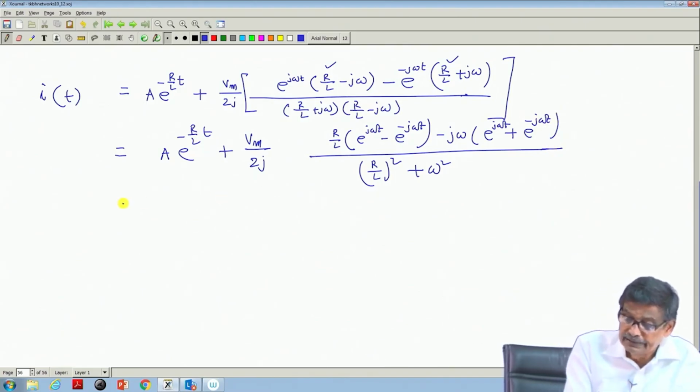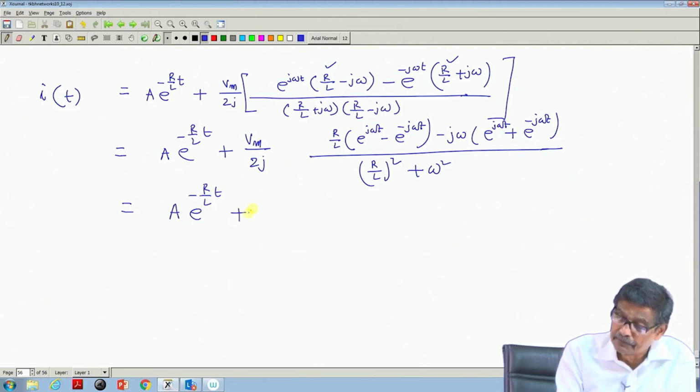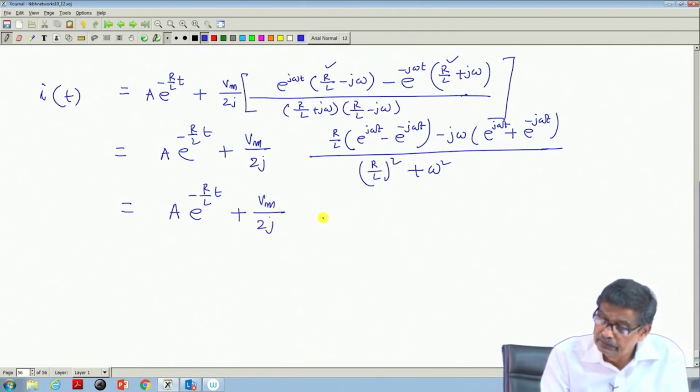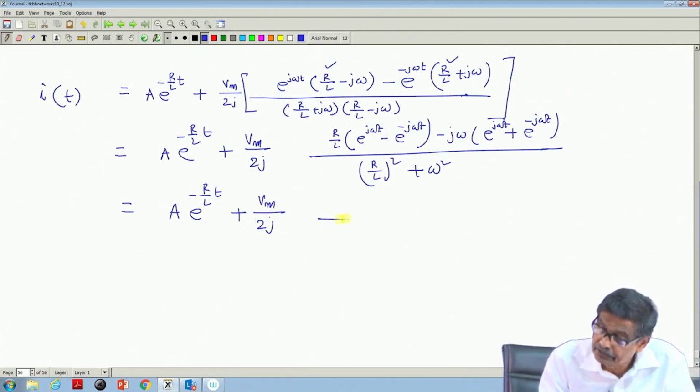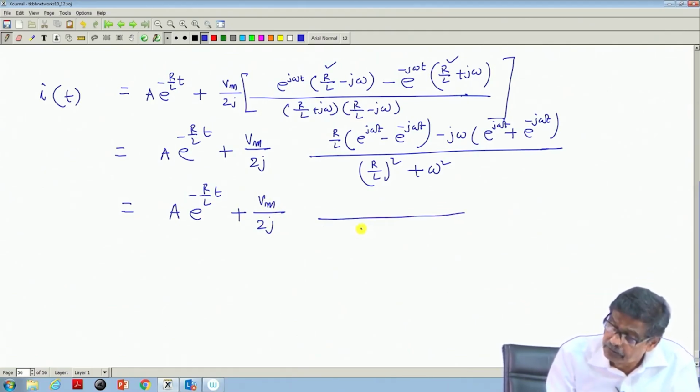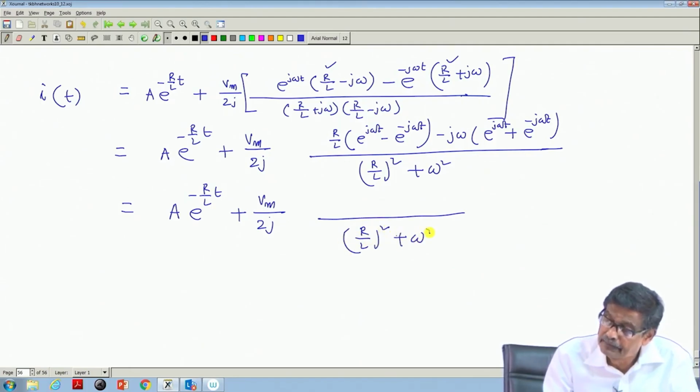Now, you have to only simplify this: minus R by L into t plus V m by 2j. So, this will be equal to (R by L) whole square plus omega square.